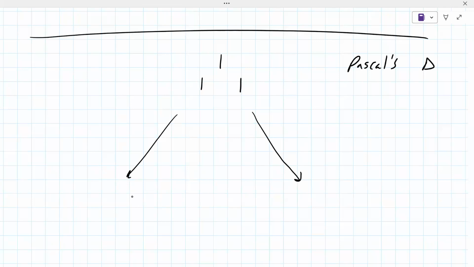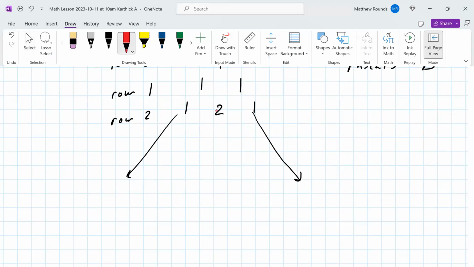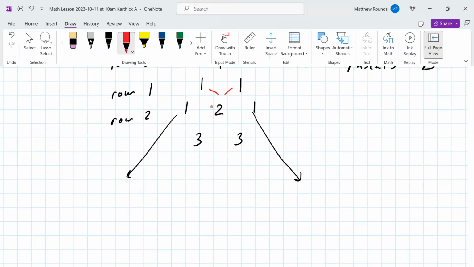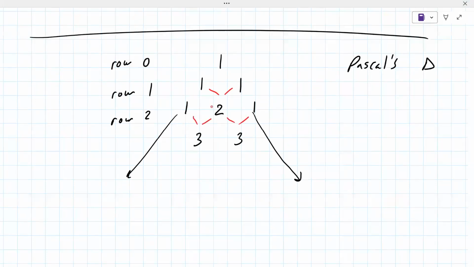This is row 0, this is row 1. That's a little bit awkward, but it's row 0 and row 1. When you get to row 2, you have to start adding. So the 2 comes from these two up here. And then you've got 3 and 3 that comes from these.